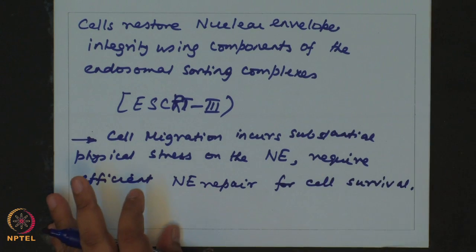Okay. So, this is the first part. Okay. This shows that you can have nuclear damage, okay, and this would lead to cell death if the cell did not have a mechanism of surviving.